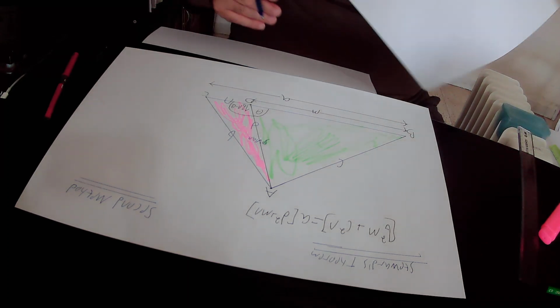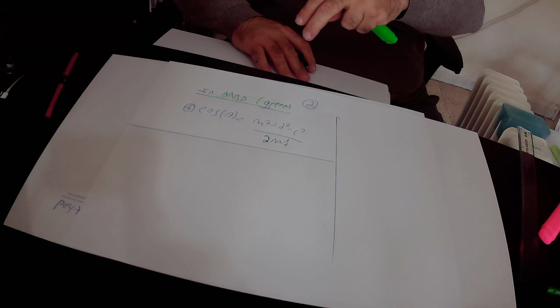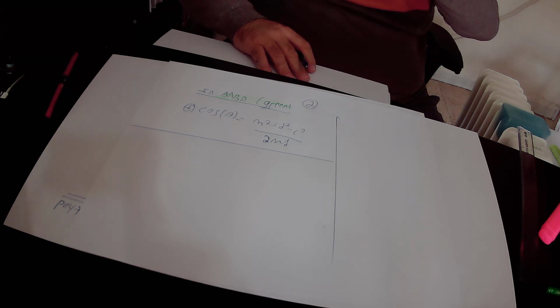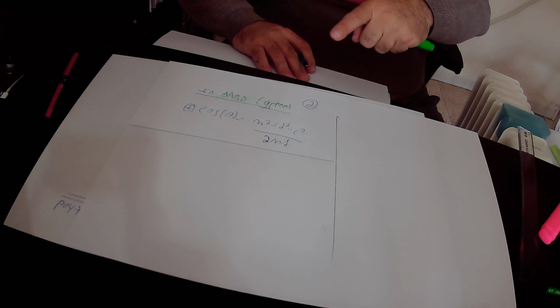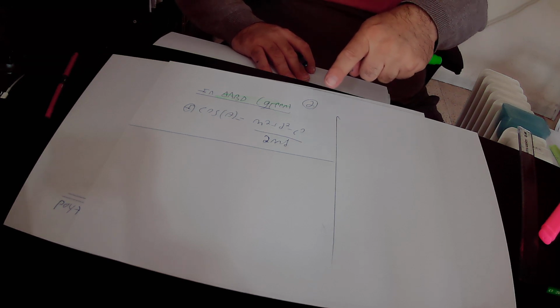So this equation number 1 is the implementation of the law of cosines in the green triangle ABD. Cosine theta equals m squared plus d squared minus c squared over 2 times md.